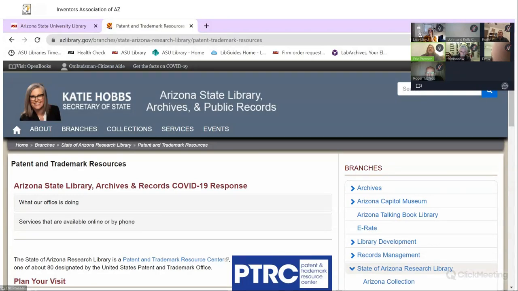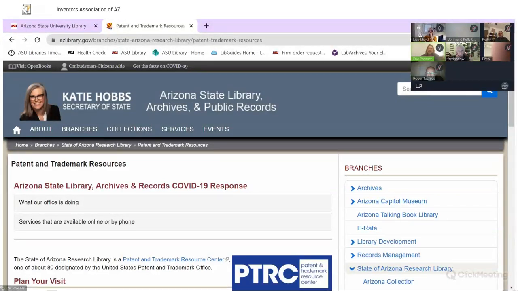Just recently, ASU, along with the state library, was the guinea pig for the first virtual webinar that the Patent and Trademark Office did for the public and for librarians outside of the system on how to do patent and trademark searching.